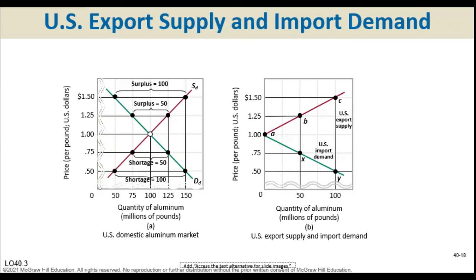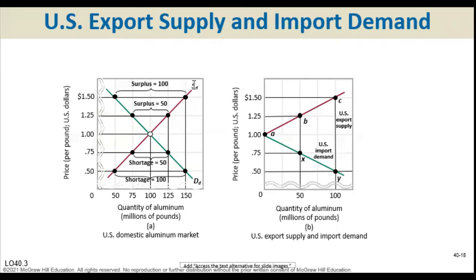For a price below the domestic equilibrium price, United States will have a shortage, right? In this case over here, if it's 0.75, we have a shortage and will import aluminum equivalent to the size of this shortage from other countries.